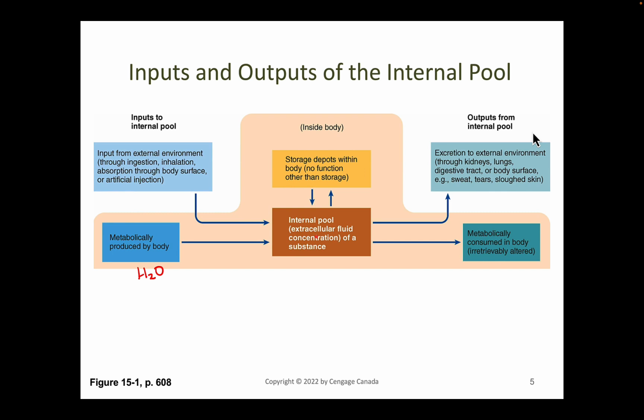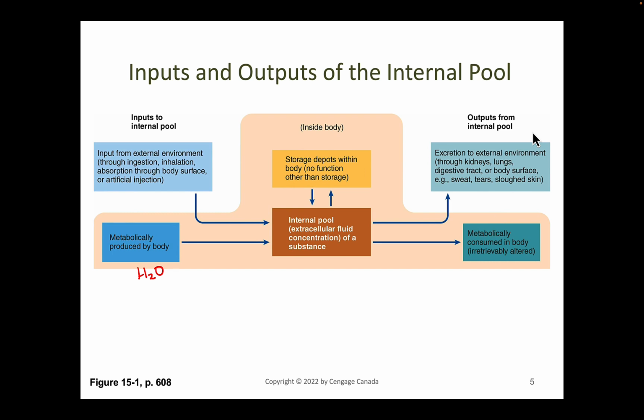Now, from our internal pool, we can lose things through our outputs. And those are the outputs we just listed: through our kidneys and urine, lungs and breath, through our digestive tract or our body surfaces. We can also lose things as we metabolically consume them.